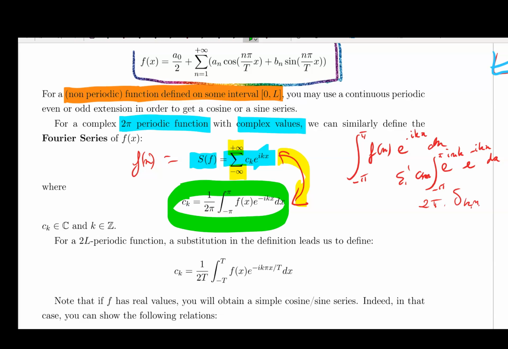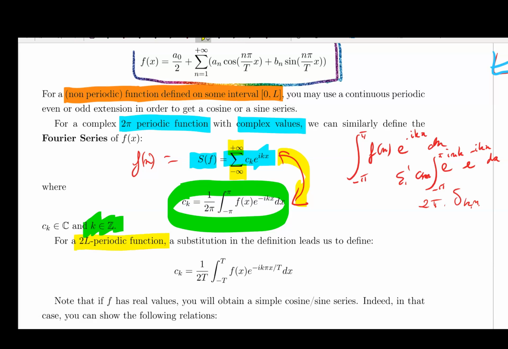That's why you get in the end that formula for the k-th coefficient of my complex trigonometric series: 1 over 2 pi times the integral between negative pi and pi of my function times e to the minus i k x dx. And keep in mind that k is an integer from negative infinity to plus infinity. Similarly, you can perform a substitution in order to use this formula for functions that would not be 2 pi periodic but 2L periodic.